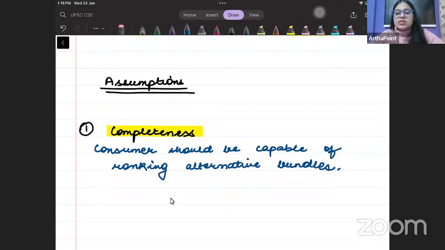In this case, if I give 2 options to the consumer, if I say, look, this is bundle A. This is bundle B. Then the consumer should be able to tell me कि I prefer A over B, or I prefer B over A, or I am indifferent between A and B, right? He should be able to tell me this.